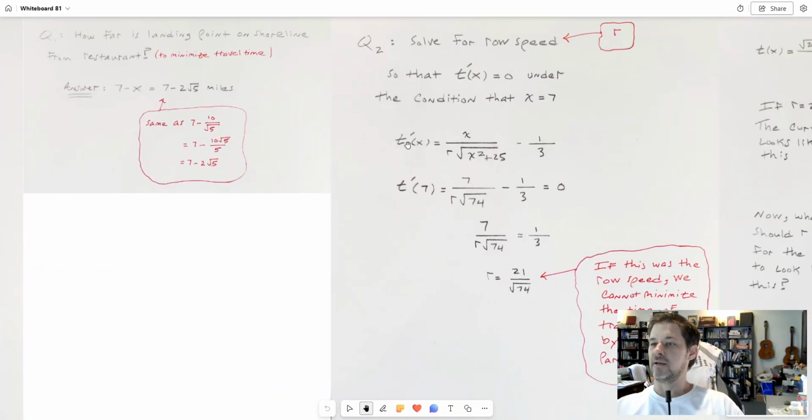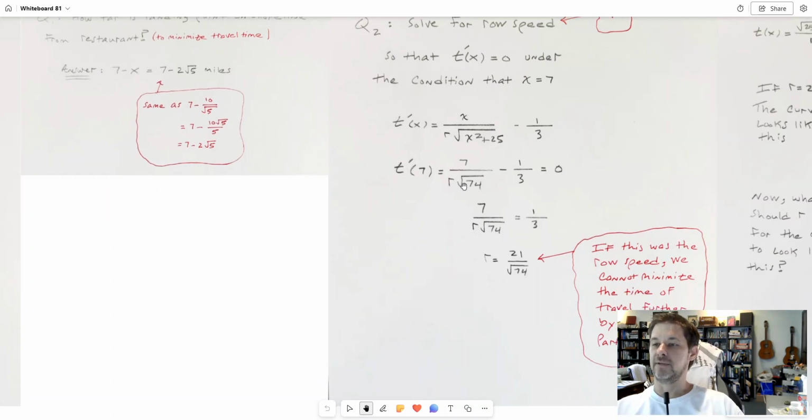So there it is. That would be your derivative. Now, under this new scenario, t prime x would be 0 if x is 7. Okay, so this is our derivative. It would be 0 if x is 7. That's where we would find our solution. All right, so I put 7 in. That leaves me only r to solve for, and I'll get 21 over root 74.